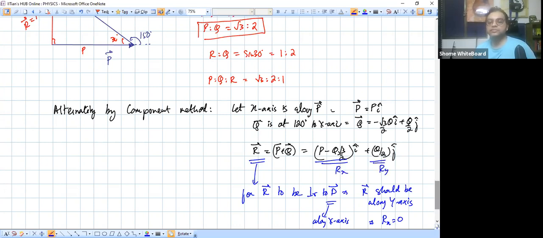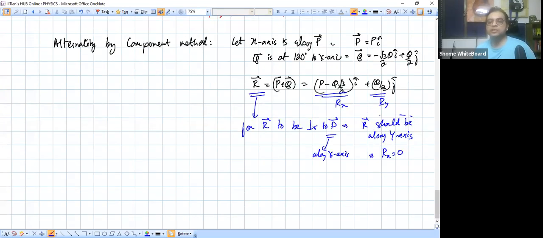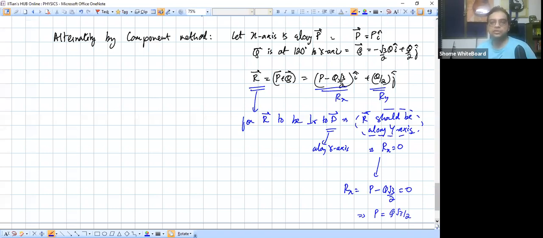So if the resultant is along the y-axis, then this is what we want, that the resultant's x component should be 0. So P should be equal to Q root 3 by 2, or P is to Q should become root 3 is to 2.